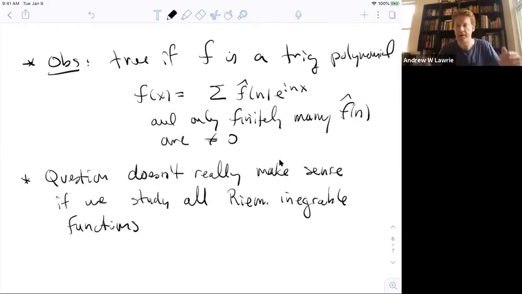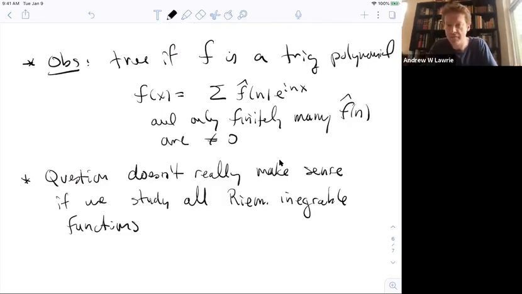Like the question, do all Riemann integrable functions have their sequence of partial Fourier sums converging back to that function? It is obviously false. I claim it's obviously false. Well, once I tell you the answer, it's going to be obviously false. I don't think it's super obvious before I say why.